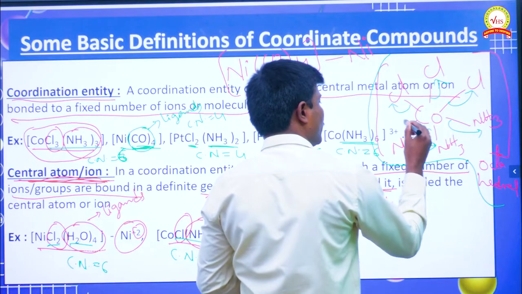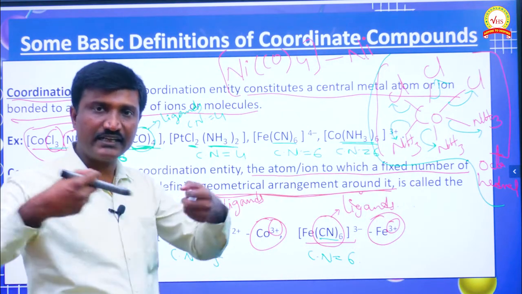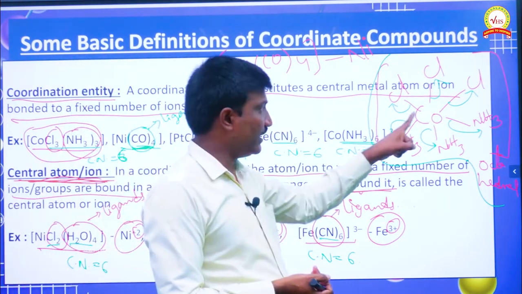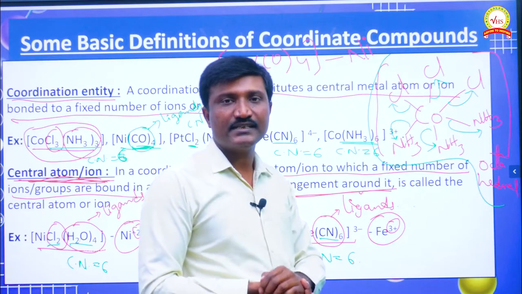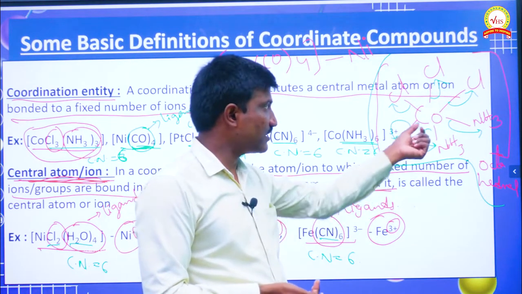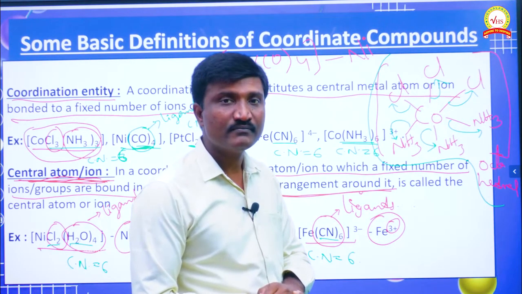When we remove these 6 ligands, they take their electrons away. So cobalt is going to get a positive charge, because electrons are going away from the cobalt. So cobalt will get some charge.